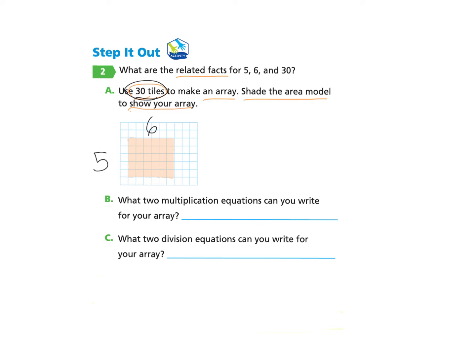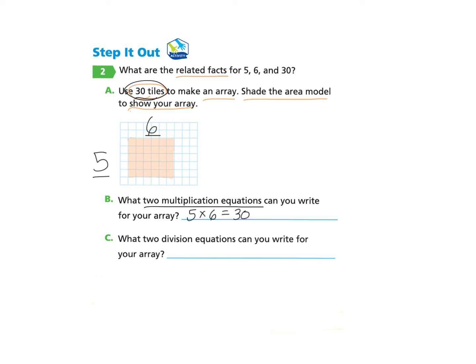Part B asks, what 2 multiplication equations can you write for your array? You can hit pause and try this on your own and come back, or just follow along with me. I can write that 5 times 6 makes 30 because this is the way that I have drawn this, 5 rows with 6 equal squares inside each row, and that makes a total of 30.